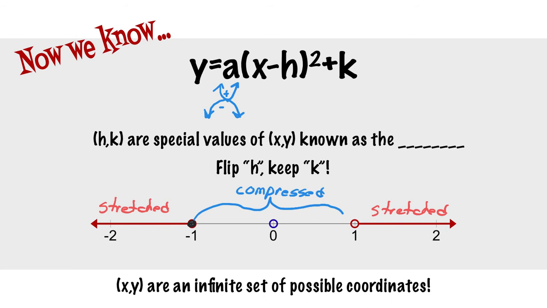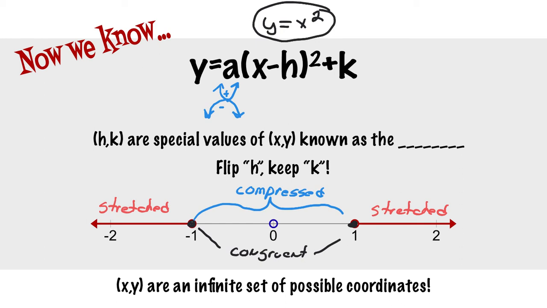We know that if A equals 1, whether positive or negative, it will be congruent. And these three words are describing the parabola as it's compared to the original y equals x squared. The only thing A can't be and have it be a parabola is 0, because then it would be a line.